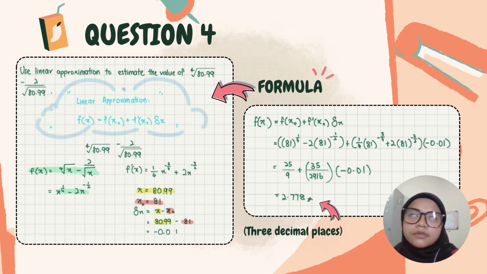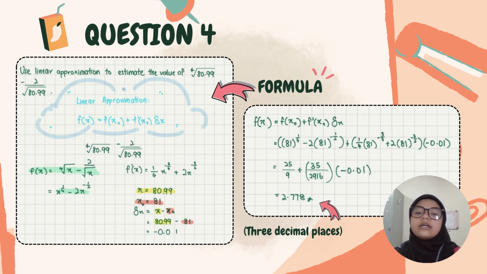Then we differentiate x. We get x to the power 1 over 4 minus 2x to the power negative 1 half. Then we find the derivative, we get f'(x) equal to 1 over 4 x to the power negative 3 over 4 plus 2x to the power negative 3 over 2.